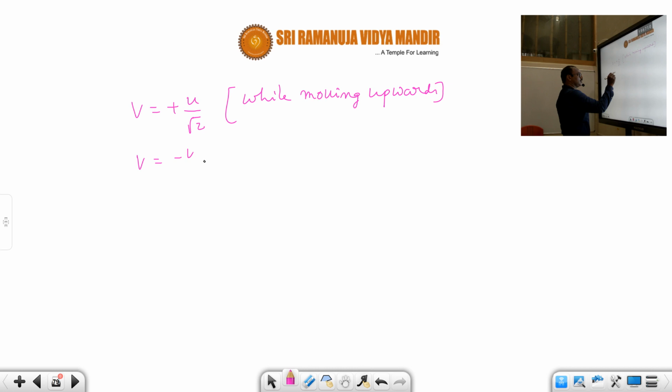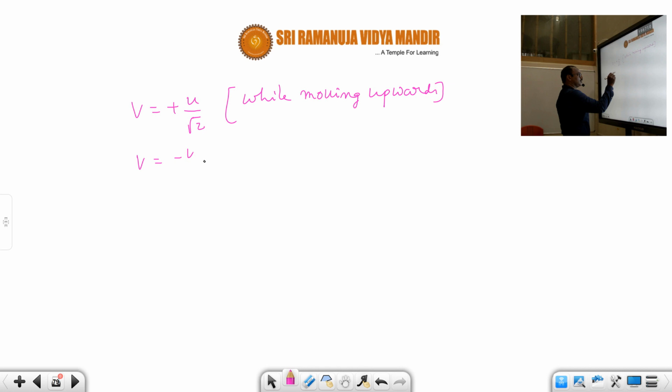So now we derived the direct formula, v equal to plus or minus u divided by root 2, that equals v equal to plus or minus u value 40 divided by root 2.